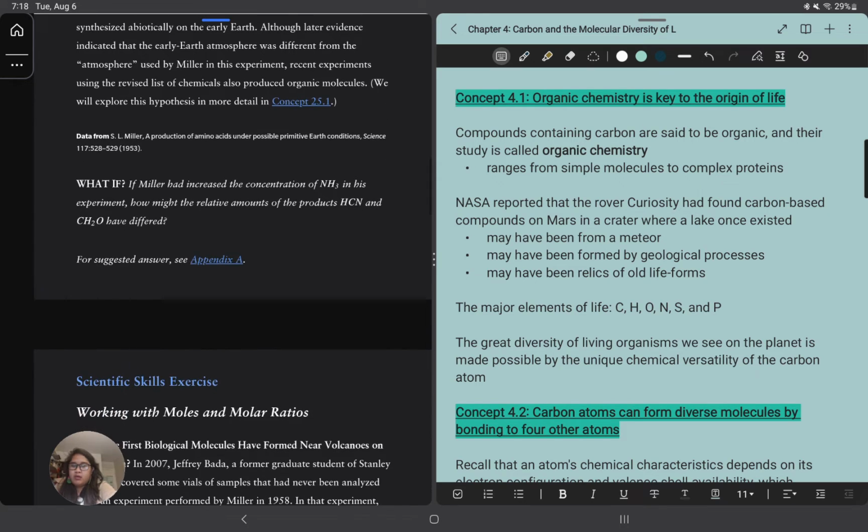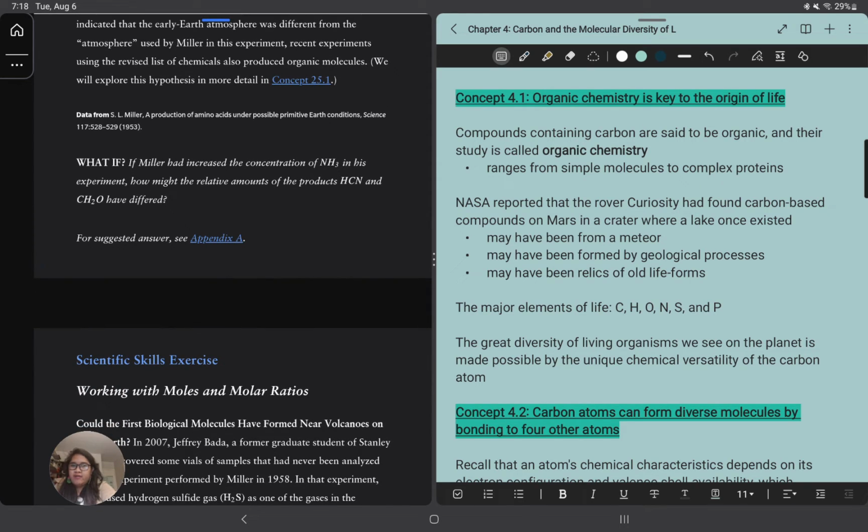What if? If Miller had increased the concentration of NH3 in his experiment, how might the relative amounts of the products HCN and CH2O have differed?